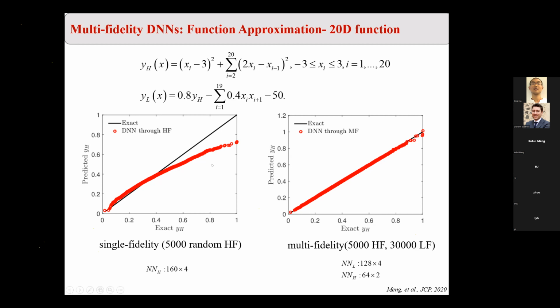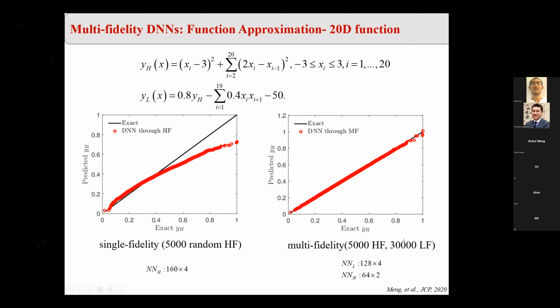After the training of the neural network, we can get a prediction at 10,000 random locations, and as we can see, the predictions are also accurate.